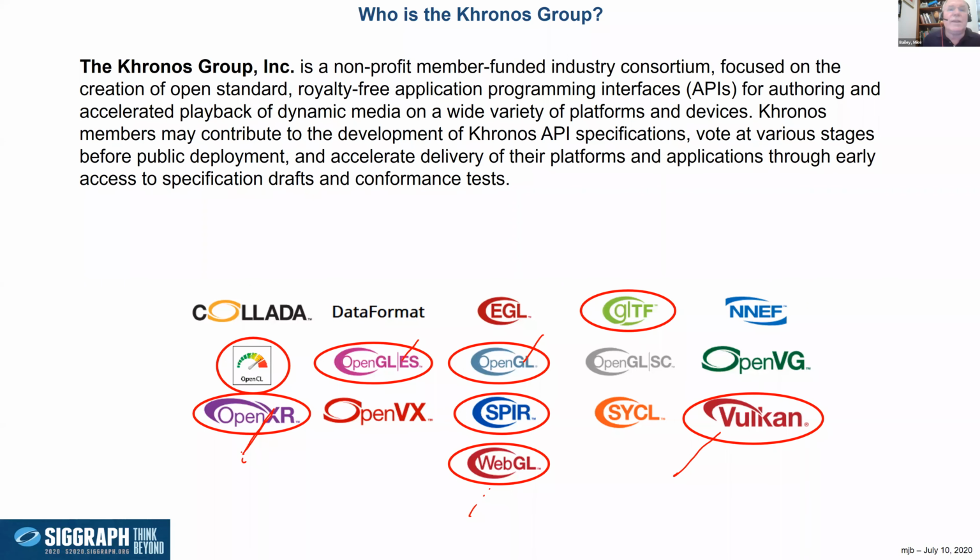They are a good group to get to know. Khronos.org is their website. There's just a lot of stuff there that if you're in computer graphics, you care about. OpenCL for compute, glTF for the transfer format. Again, this is a great group and a great set of efforts to get to know.